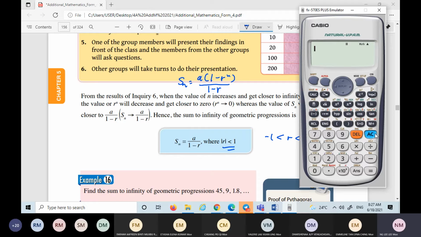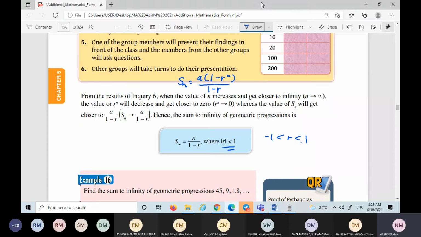Maybe I don't put power 5000, I put power 500. Can see or not? The number is very small. So the power getting bigger, the number becomes smaller when the R is in between -1 to 1. You see the answer is 10 to the power -49.